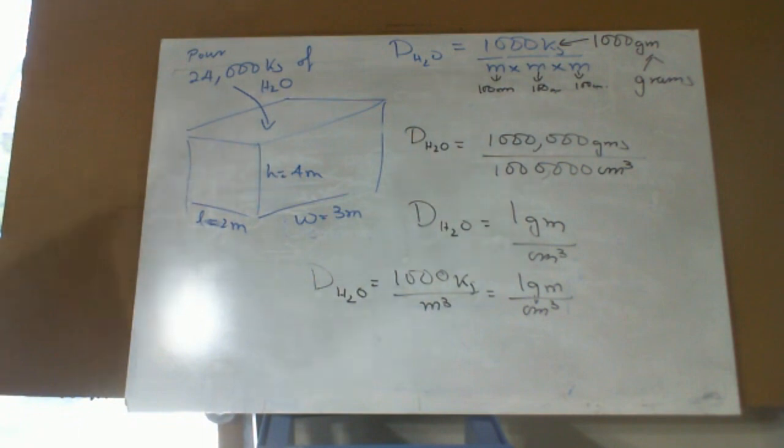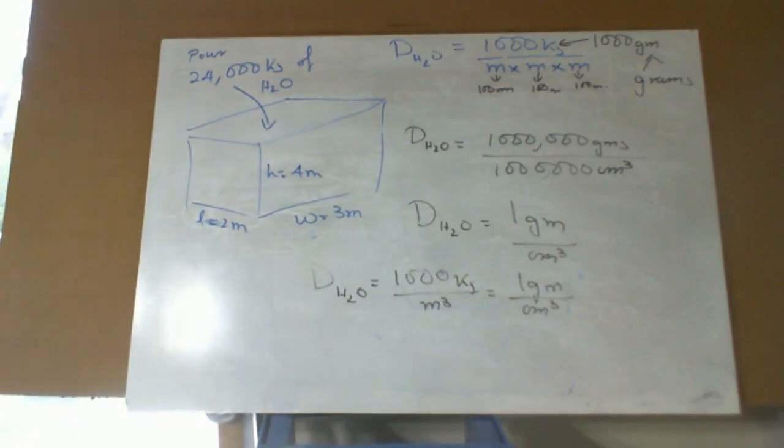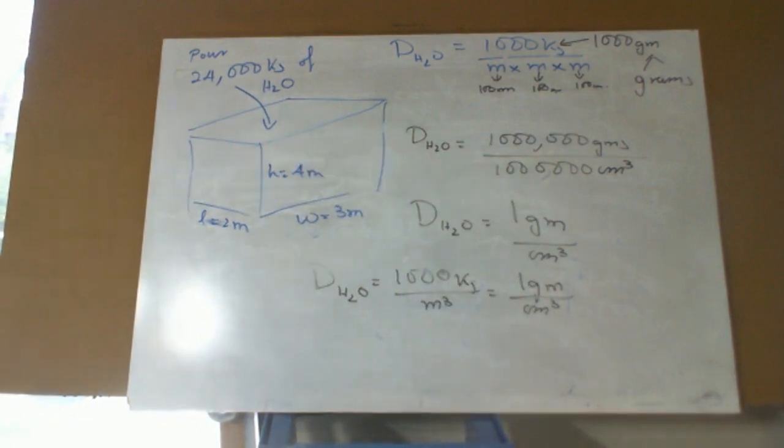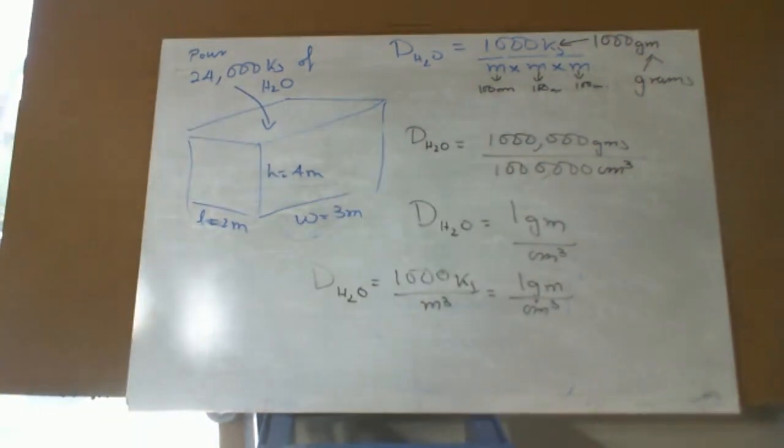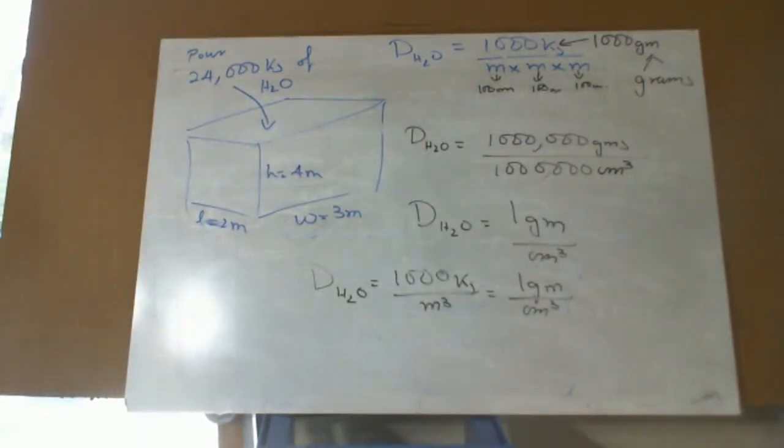So if you go to chapter 12 on page 242, table 12.1, you'll find all the densities of different substances given there.